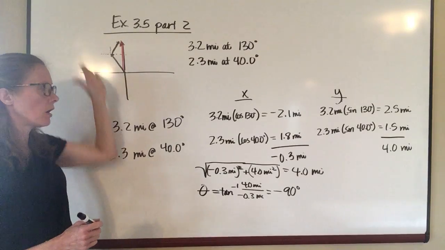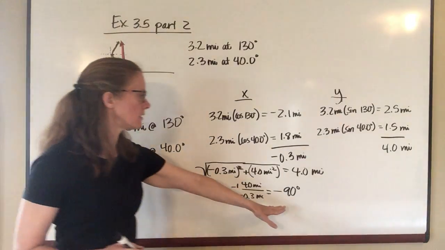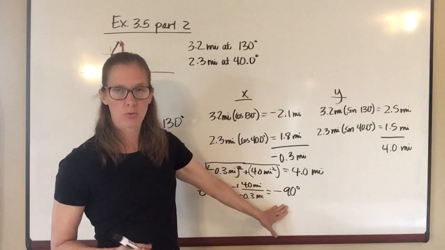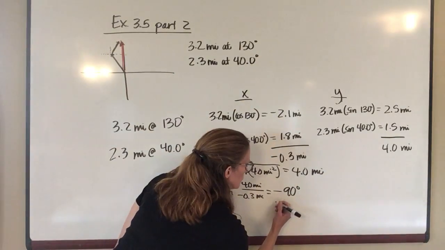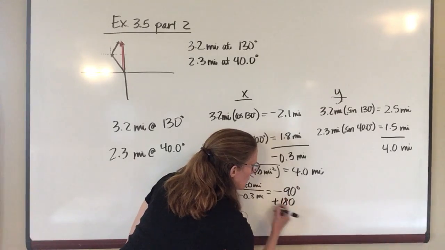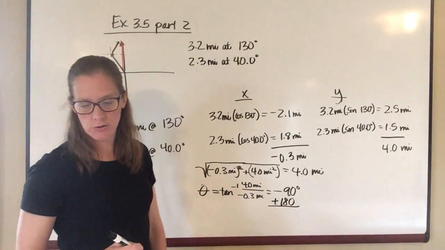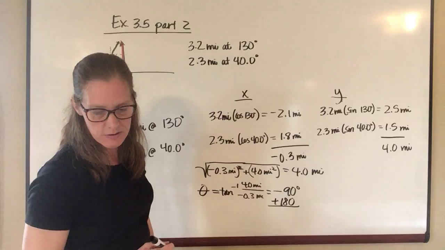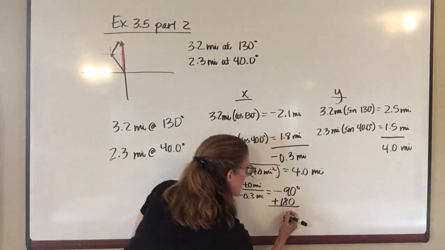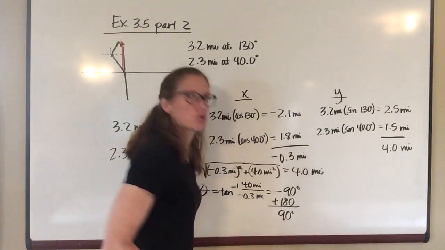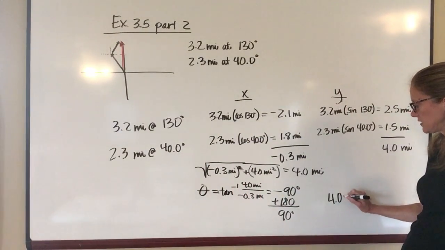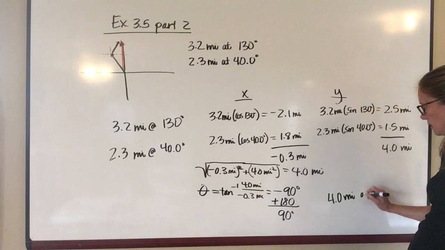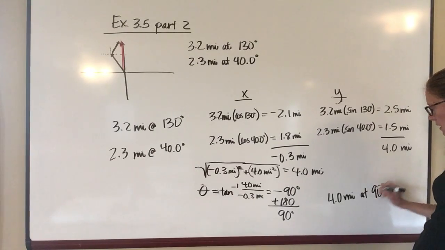So in order to get the right angle, I'm going to have to add 180 degrees to that. And so I should end up with 90 degrees. So my final vector answer is 4.0 miles at 90 degrees.